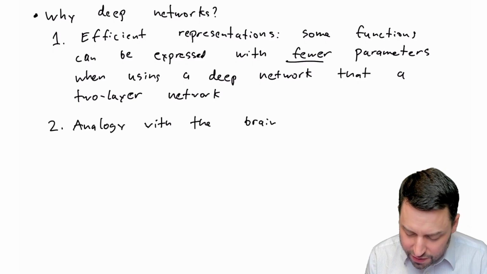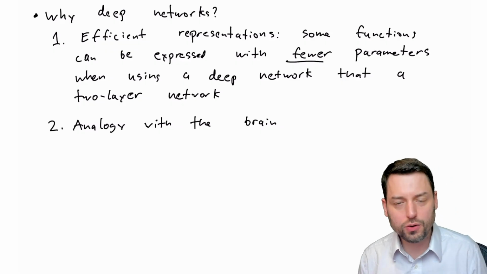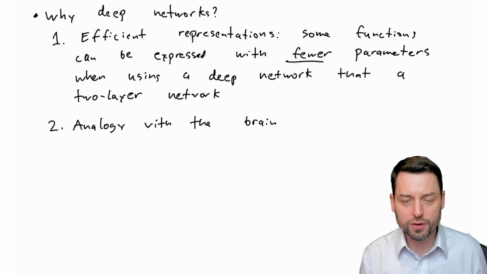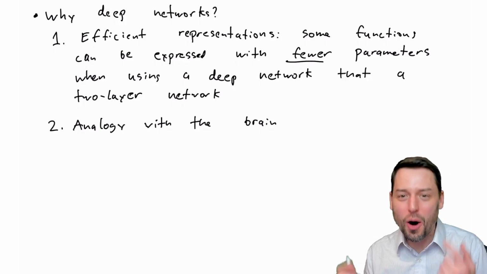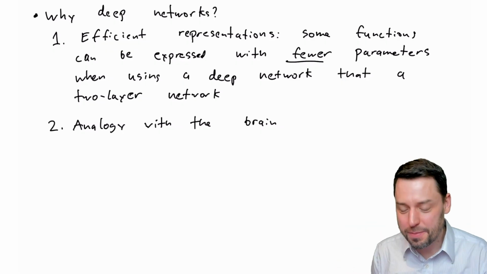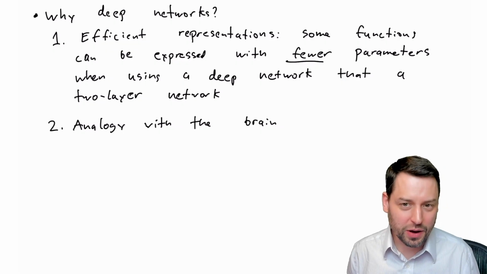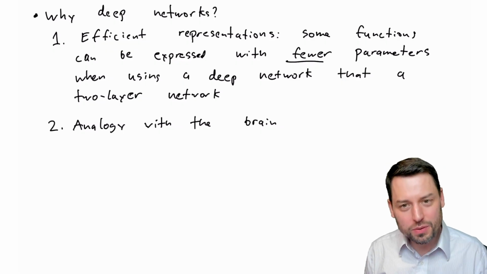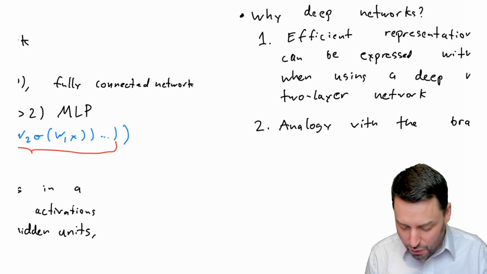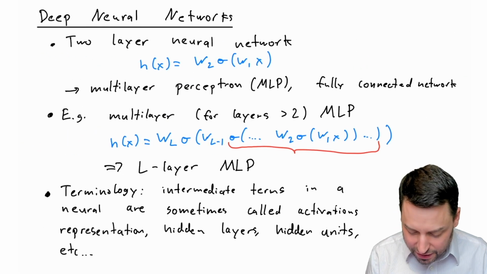Now, at least in this class, I do tend to shy away from too many analogies between neural networks and the brain. We still don't understand a lot about how the brain works, certainly, but we know enough to know that the brain is definitely not a function like this.